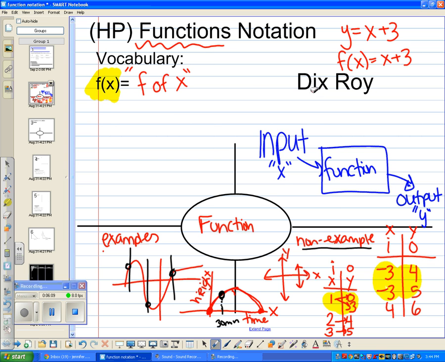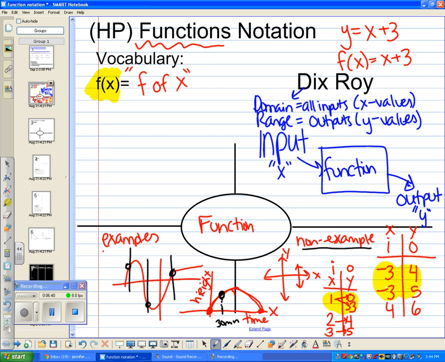So for honors, you're going to want to remember DIXROY. DIXROY stands for the domain. These are all new words for you. The domain is all the inputs, which is x, which are all the x values of a function, and range is all of the outputs, which is just the same thing as saying the y values.